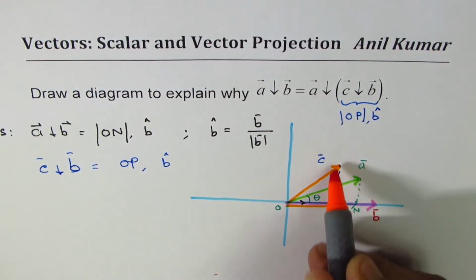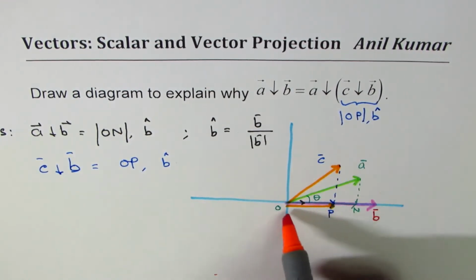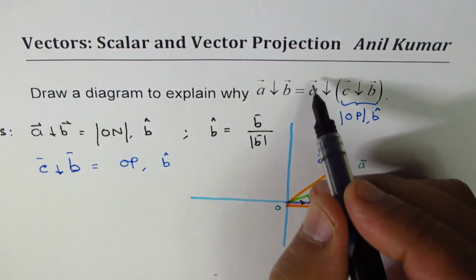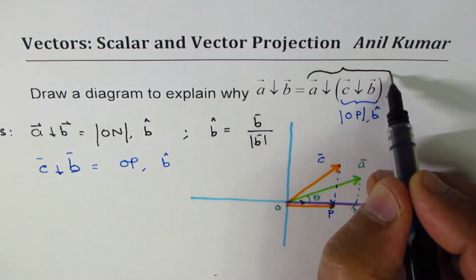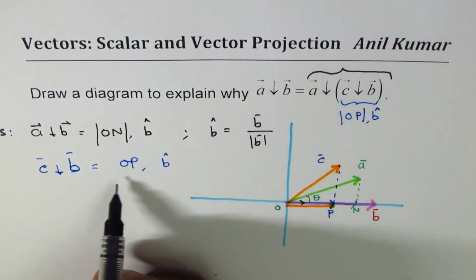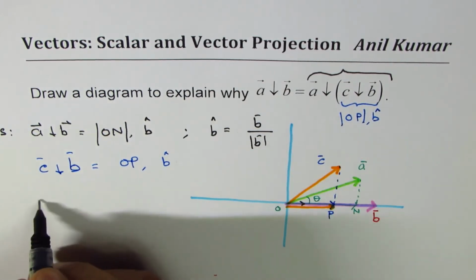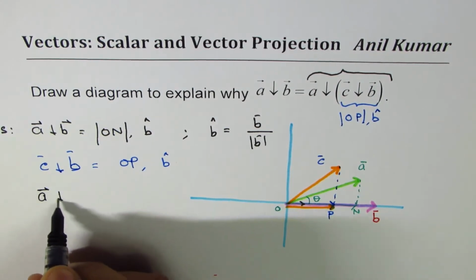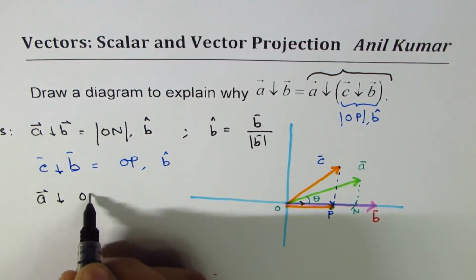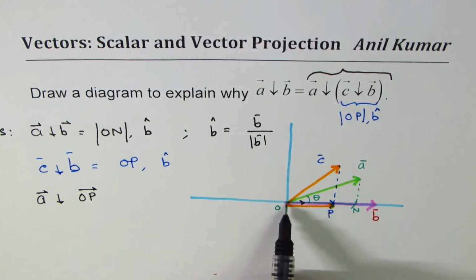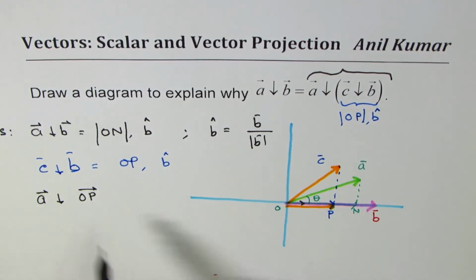That's the projection of vector C on B. Now, what is the projection of A on this? So now let's look into the projection of A on vector OP. We have the magnitude and the direction of vector OP.